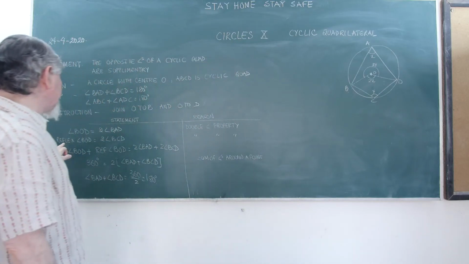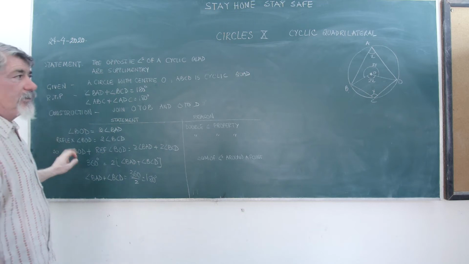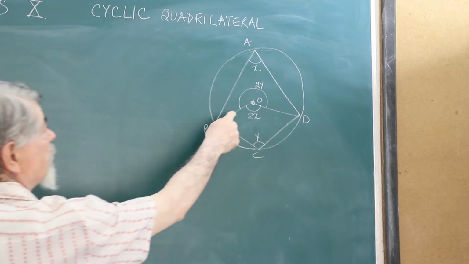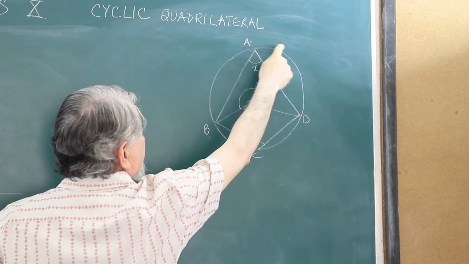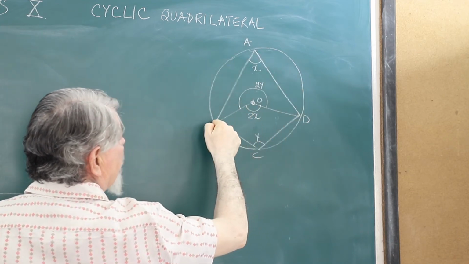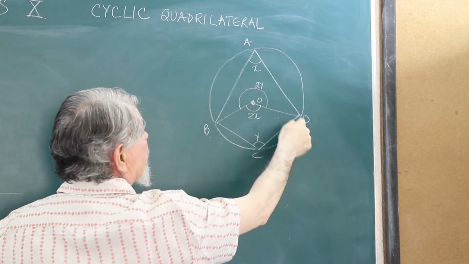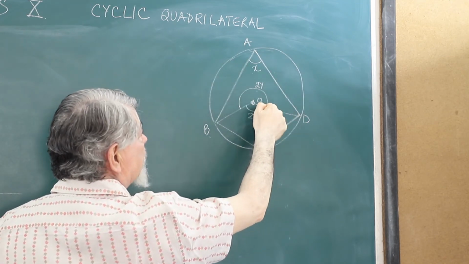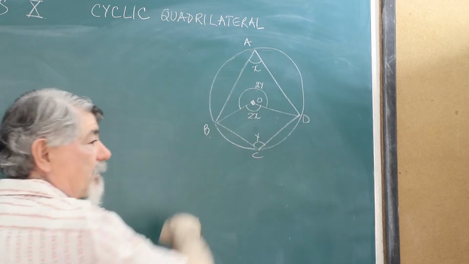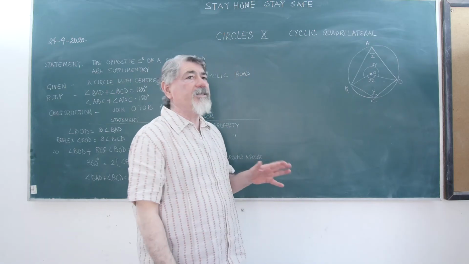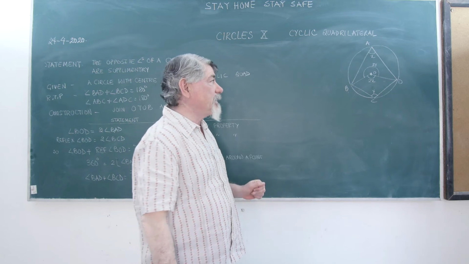Similarly, we will say reflex angle BOD. This reflex angle BOD is subtended by the arc BAD. This arc BAD subtends reflex angle BOD at the center. This is major arc. Major arc always subtends a reflex angle at the center.